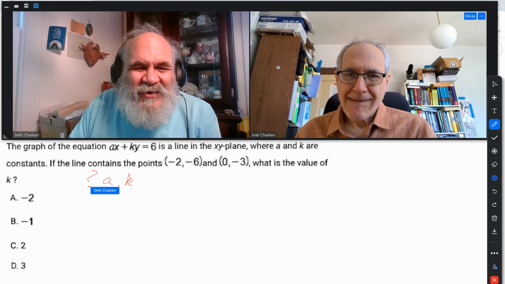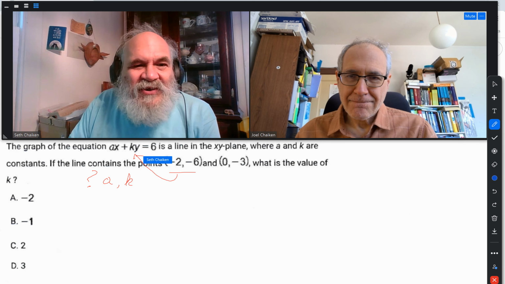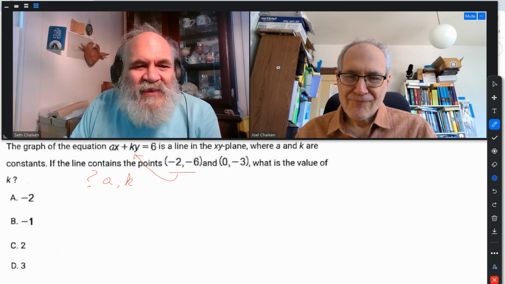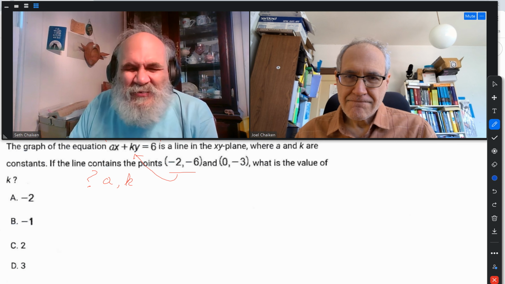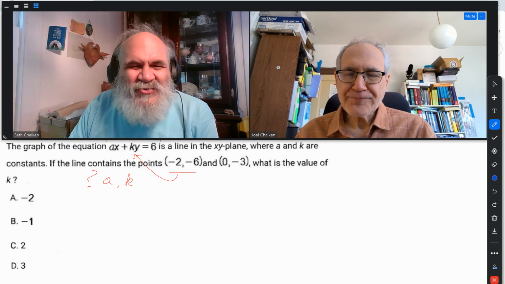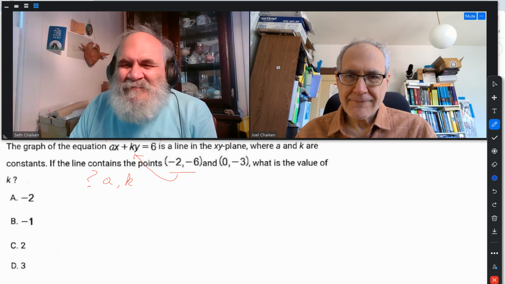And the two linear equations are the two equations you get when you substitute -2 and -6 for x and y in the expression they give you. And the second one is when you plug in 0 and -3 for x and y. Then you get two equations where the two unknowns are a and k.